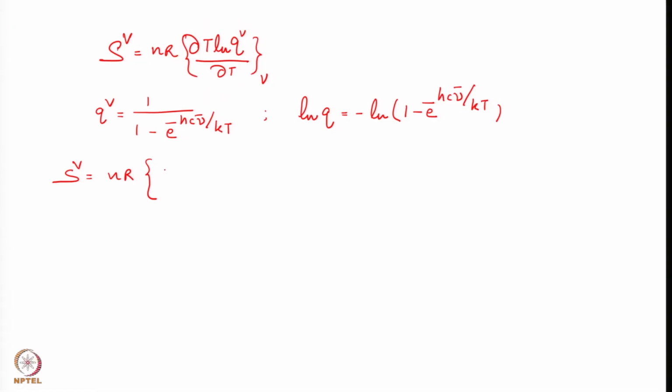What I have now is T into the derivative of log Q, the derivative of this, which is going to be minus 1 divided by 1 minus exponential minus hc nu bar by kT, into minus exponential minus hc nu bar by kT, into the next derivative, which is equal to hc nu bar by kT square with a plus sign.